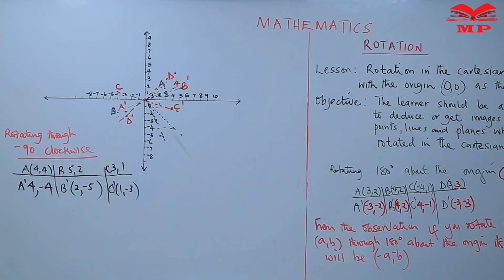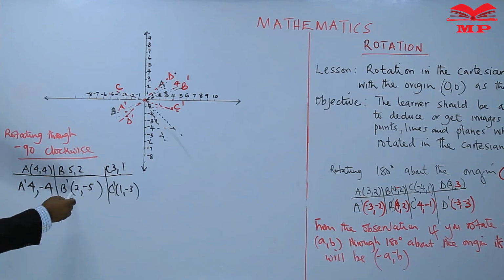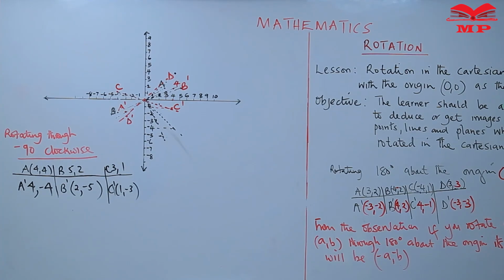So what is happening? There is something happening. The 2 comes here and this one becomes negative. Doing the same clockwise, what happens?